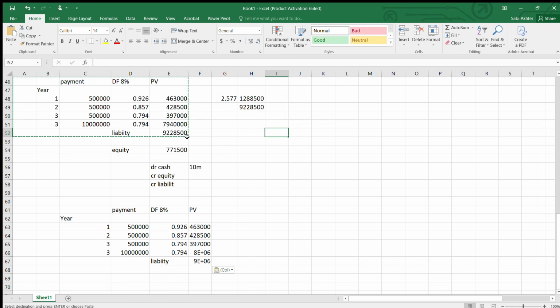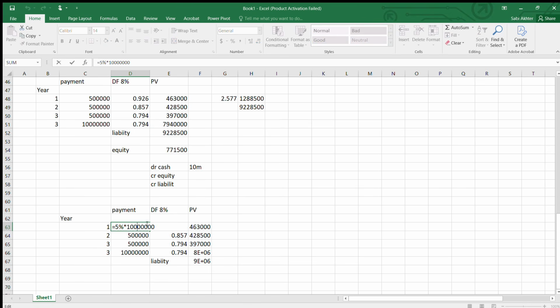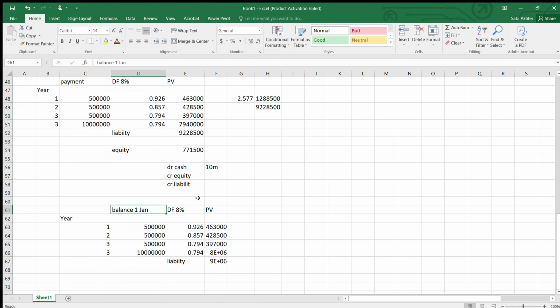So you see, this is the balance you have got for your liability. So for 1st Jan, this will change to, now you know your balance at 1st Jan. This is your liability. So for 3 years you have to discount and basically check your closing liability balance after 3 years.